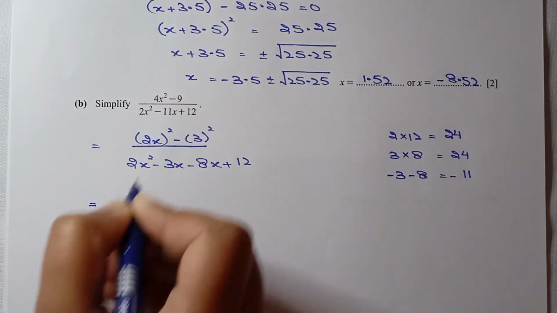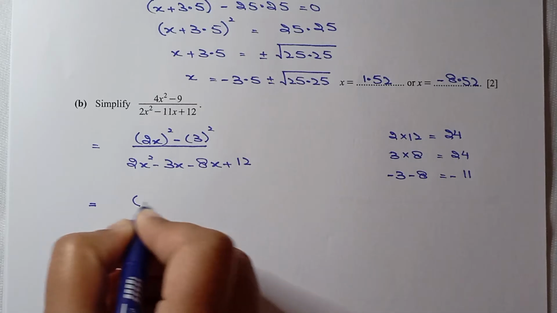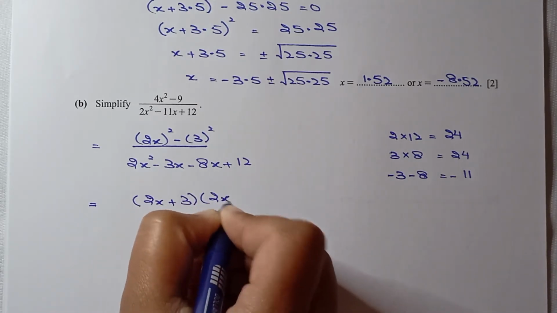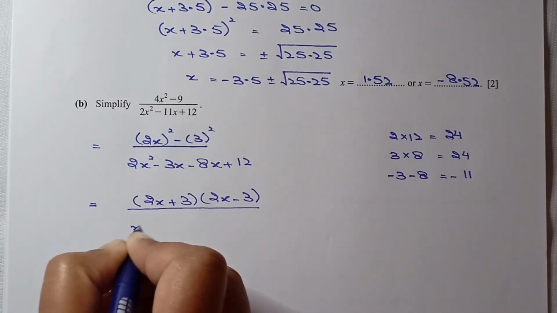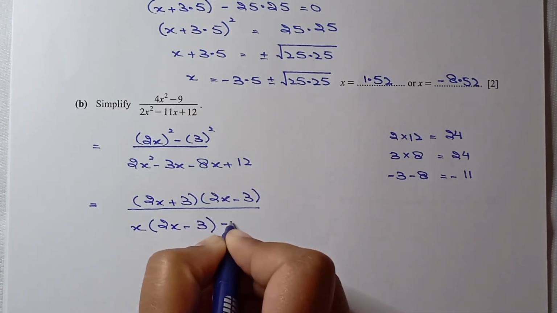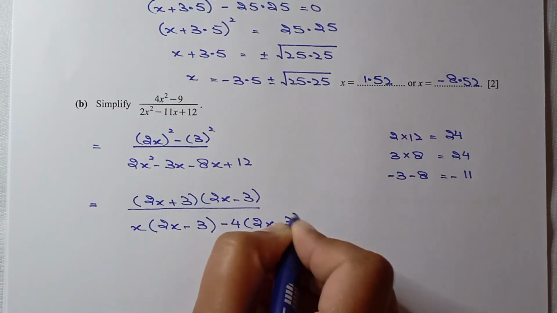So in the numerator, we can use the formula of a square minus b square, that is a plus b into a minus b. So 2x plus 3 and 2x minus 3. And in the denominator, we have, let me take x common, we are left with 2x minus 3. And let me take negative of 4 common, we have 2x and minus 3.